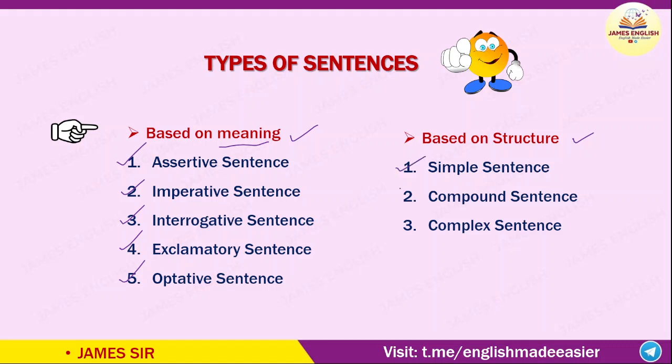They are simple, compound, complex sentences. But we can also add another one, that is a compound complex sentence. So put together we have, based on structure, 4 types of sentences.